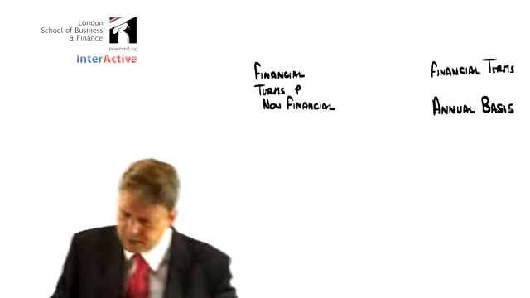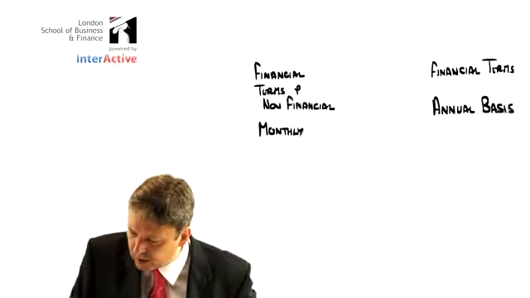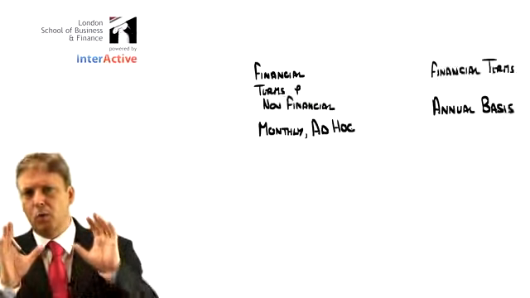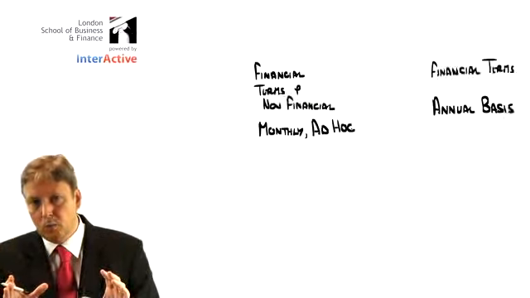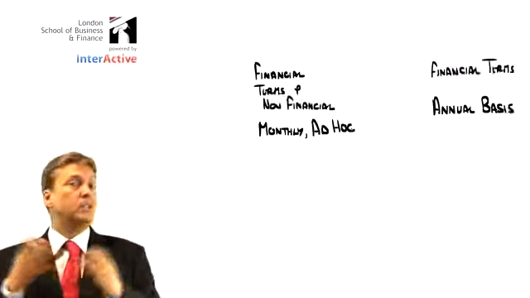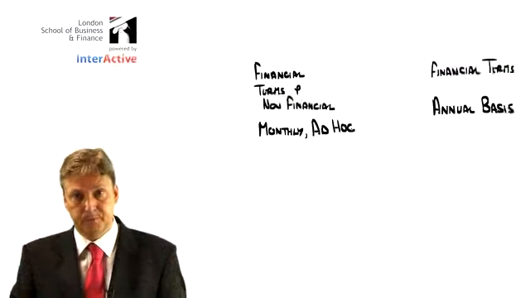Whereas when we look at management accounts, we've said, yes, we will look at it on a monthly basis, and also we will look at it on an ad hoc basis. Remember, when we look at decision making, we make decisions as and when necessary. It doesn't concern us that there is a specific cycle.